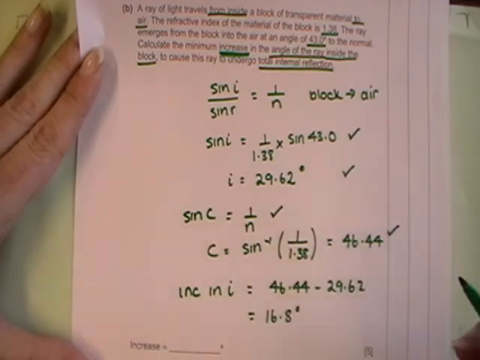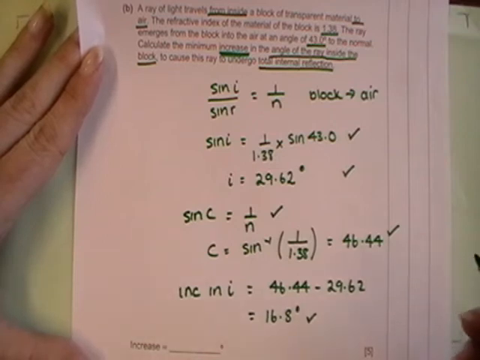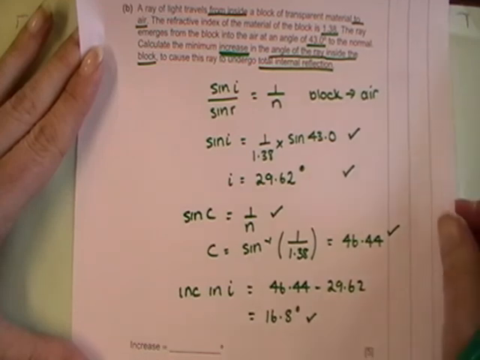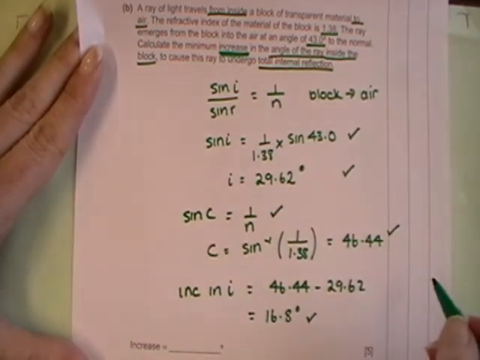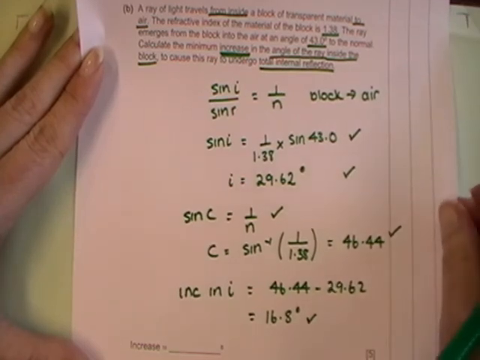The fourth mark then was for finding the critical angle, and the fifth mark was for finding the difference or the increase required in the angle of incidence to cause total internal reflection. So any angle above the critical angle of 46.44, at this point the ray will undergo total internal reflection and there will be no refraction.